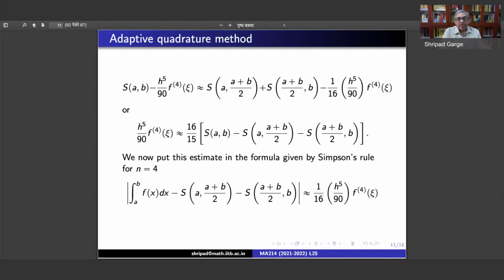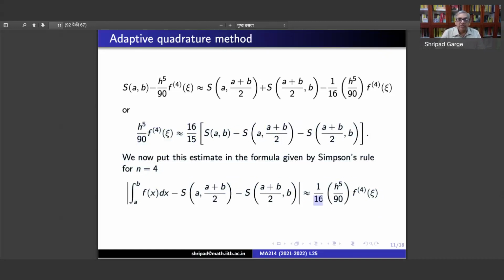The integration minus the summation of those two S values is now approximately 1 upon 16 h power 5 upon 90 fourth derivative at xi. Instead of xi tilde, we are taking xi, and now this left hand side has the value h power 5 upon 90 fourth derivative at xi. So we put that particular value here.